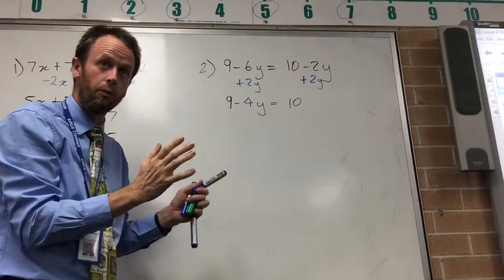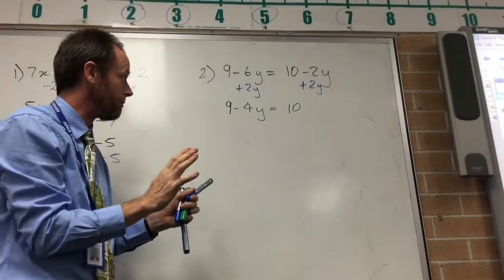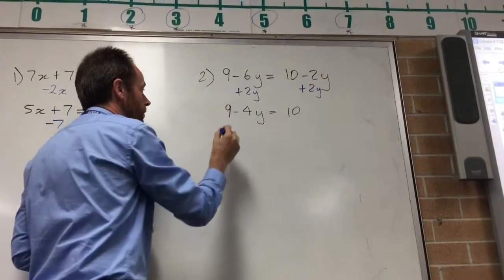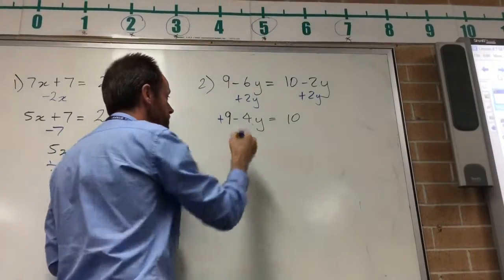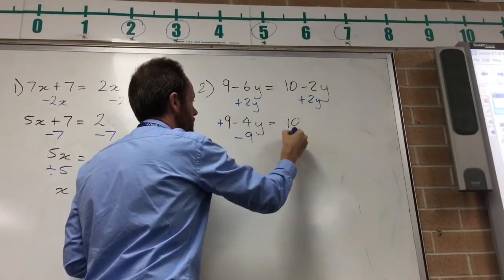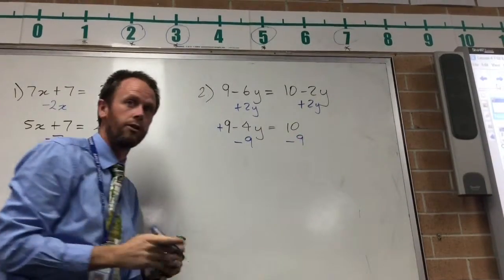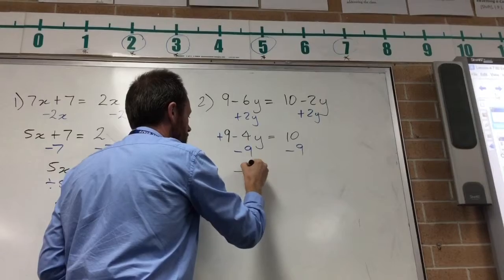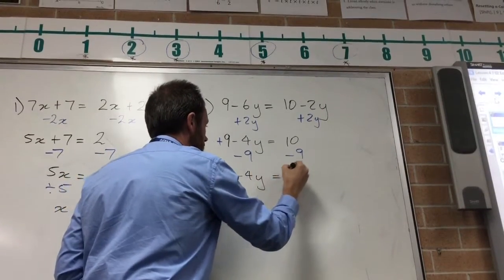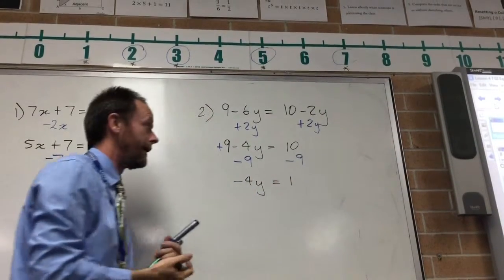Now just be careful with this step, don't get worried at the moment. I've got plus 9 in effect at the front. So to reverse that, minus 9, which I must do to both sides. I then end up with minus 4y is equal to 1.